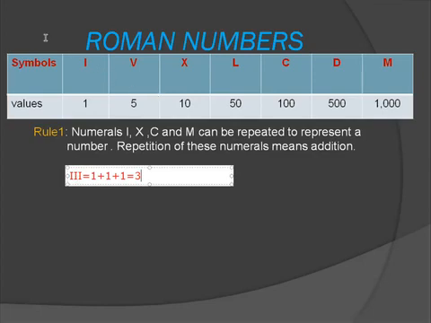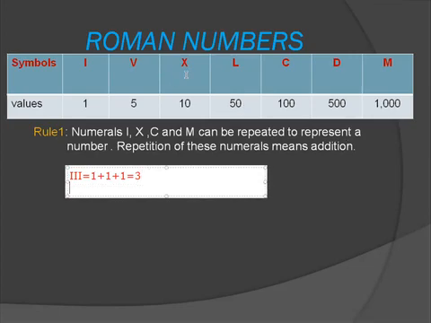In the same way, if I write X 2 times, you know the X value is 10, so 10 plus 10 gives you 20.